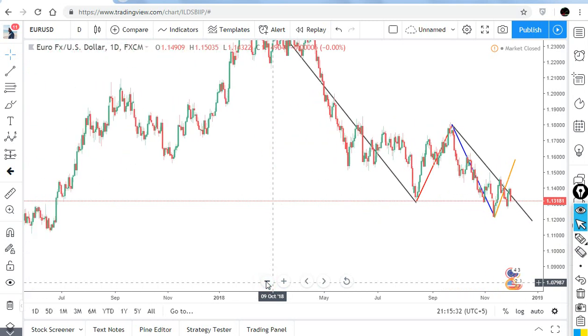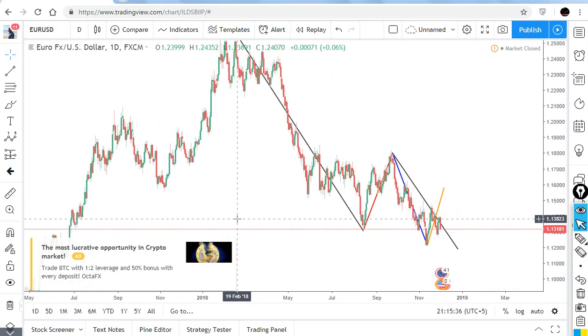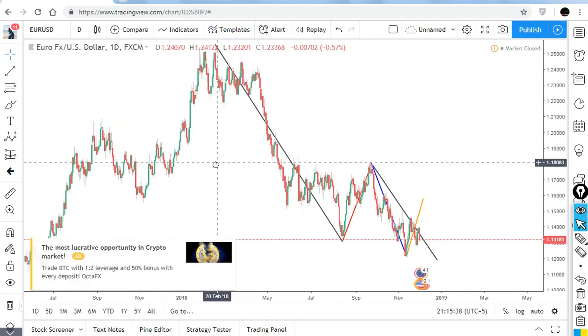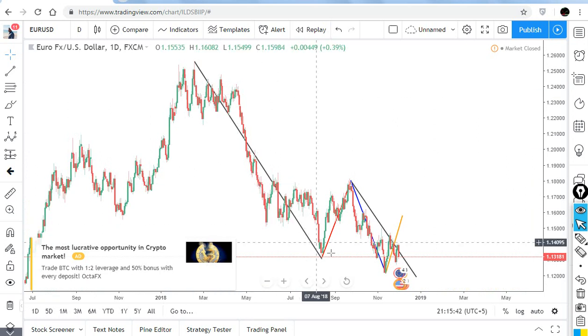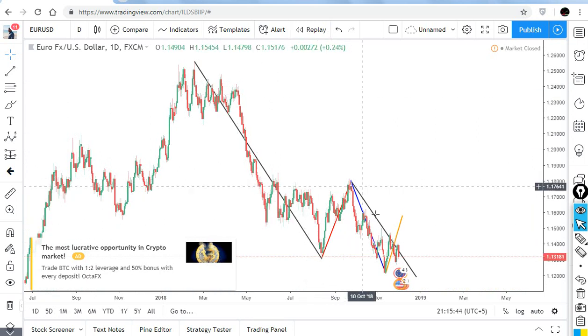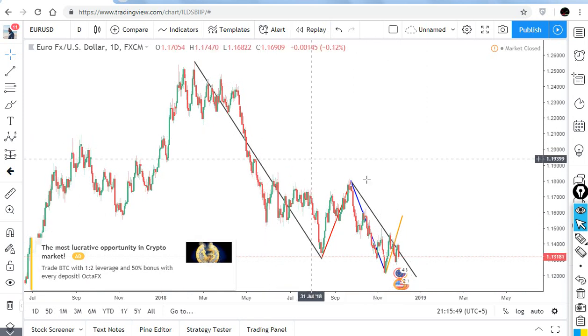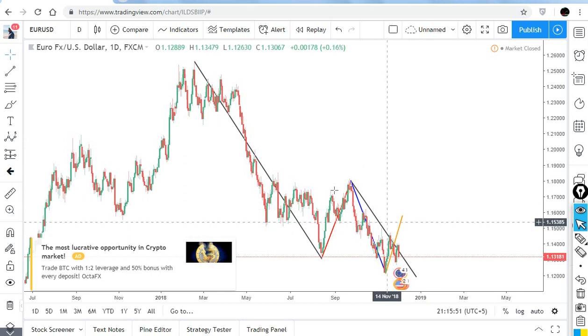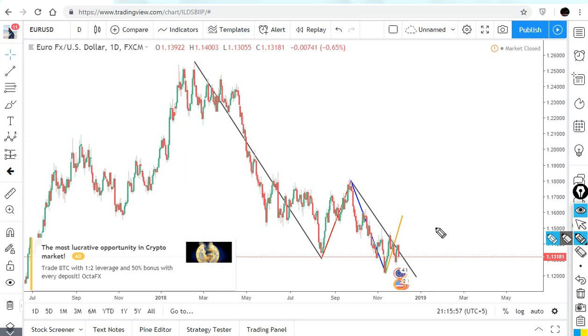where we are right now, see this, we started from here, and after a zigzag we are going down here. Maybe it's one, maybe it's not one, it's three, or maybe it's not three.